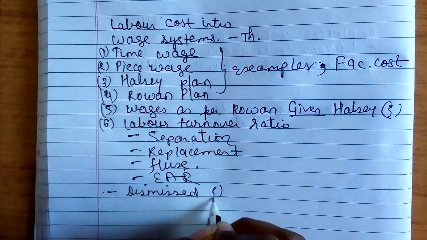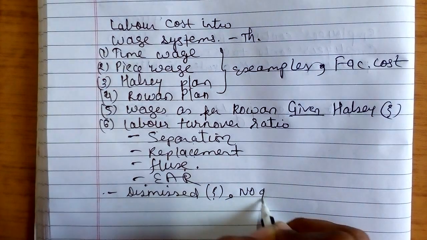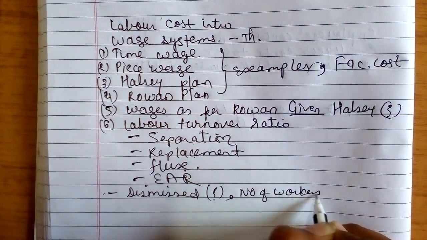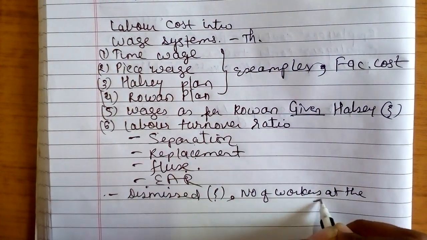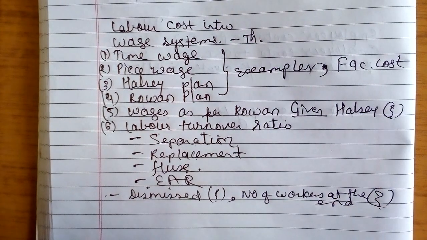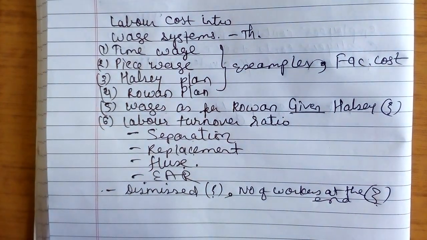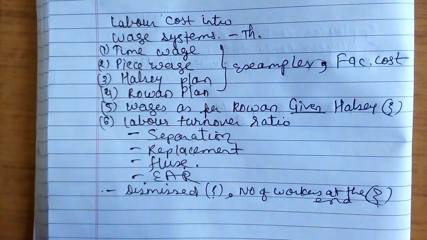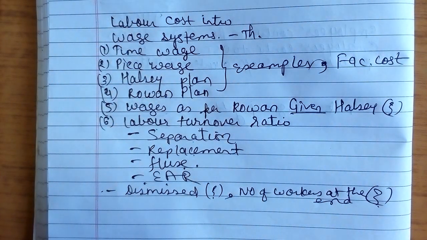We also needed to find out the number of workers at the end which were missing. So that type of example we also did, in which the answer of flux method is given, and on the basis of the same we have calculated the missing items, right?